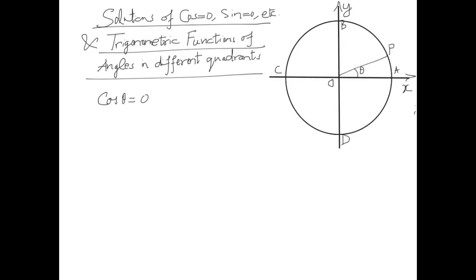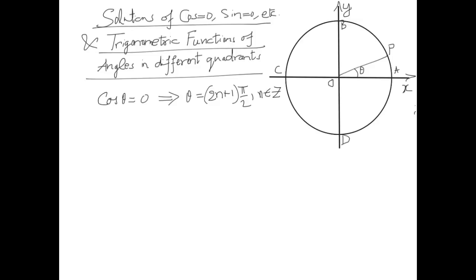And we have also seen that we can generalize those solutions by expressing theta as odd integer multiples of pi by 2. That is, we can say that theta is equal to 2n plus 1 times pi by 2, where n belongs to the set of integers, constitutes the general solution to the equation cos theta is equal to 0.